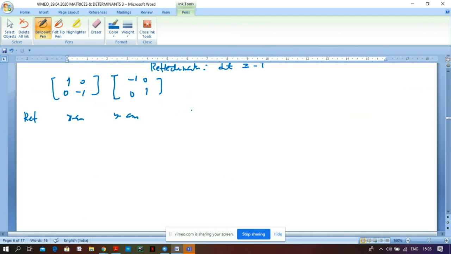Then reflection through the origin, where you got -1, 0, 0, -1.